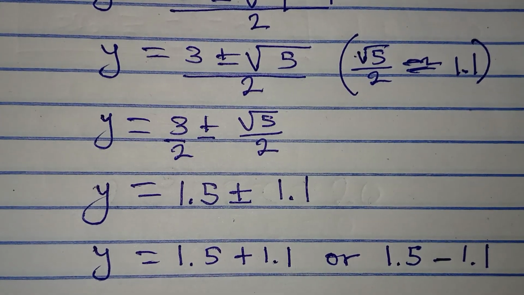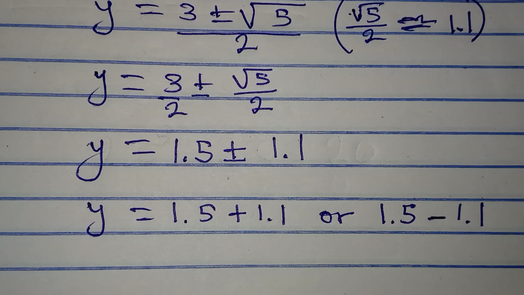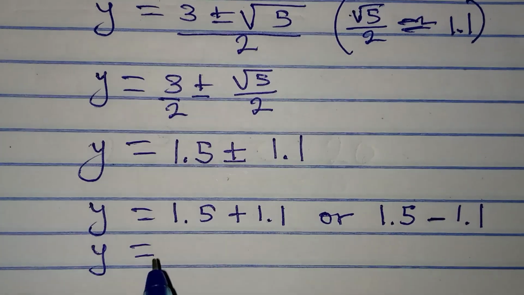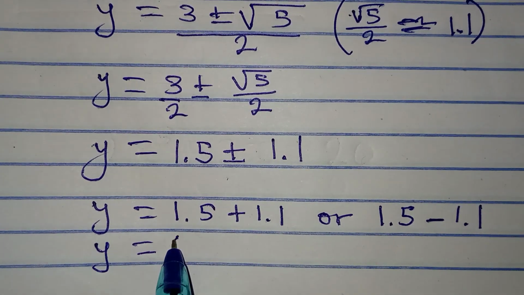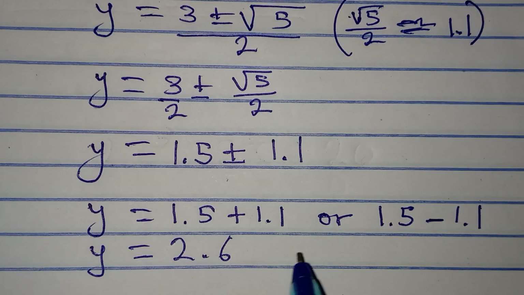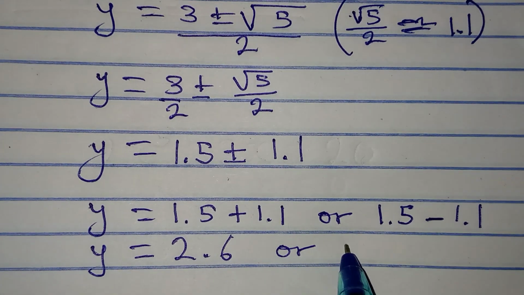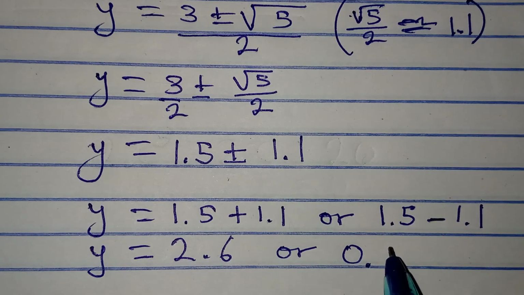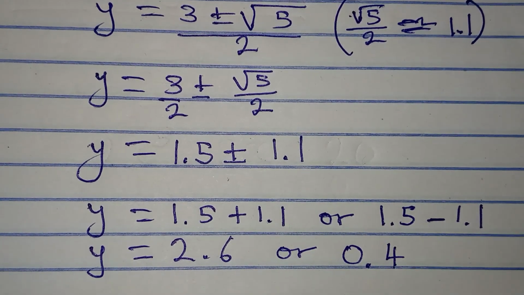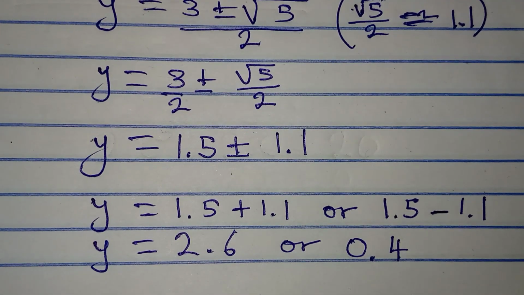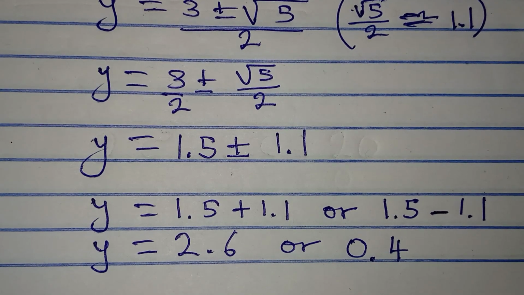Remember, we are trying to get the value of y. So that y from here will be, if you add this, you're going to have 2.6, or if you subtract this, then you have 0.4. Okay, so these are the two values of y, but then we're not looking for y, we are looking for x. Now let's dive in again.